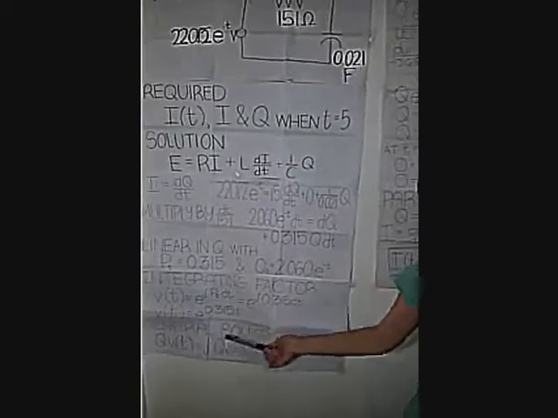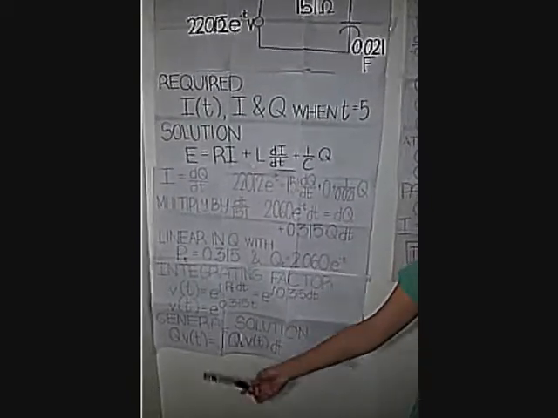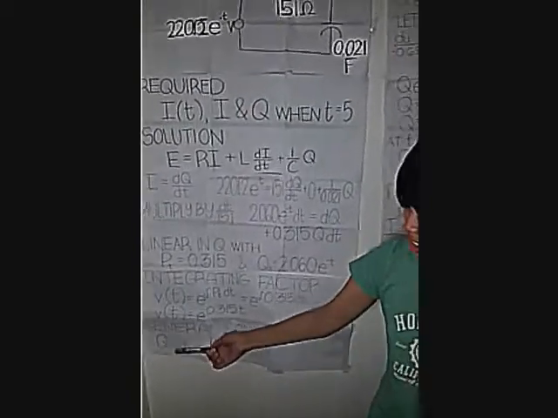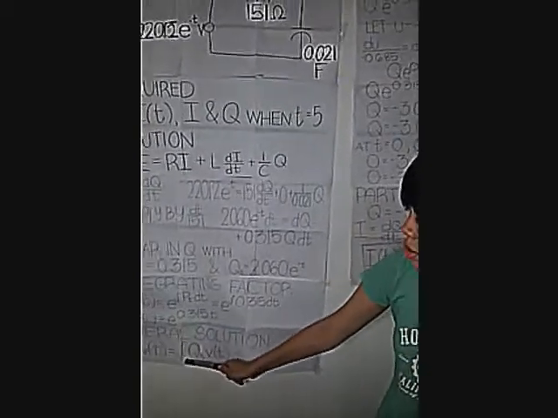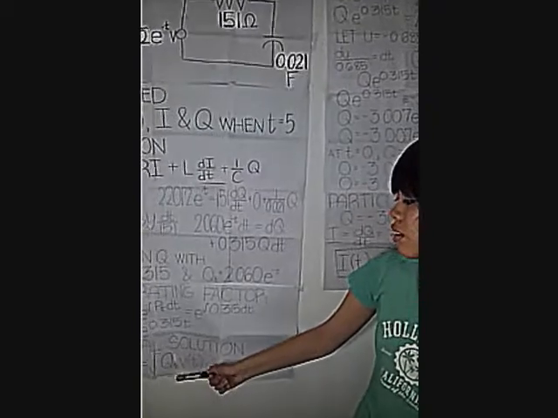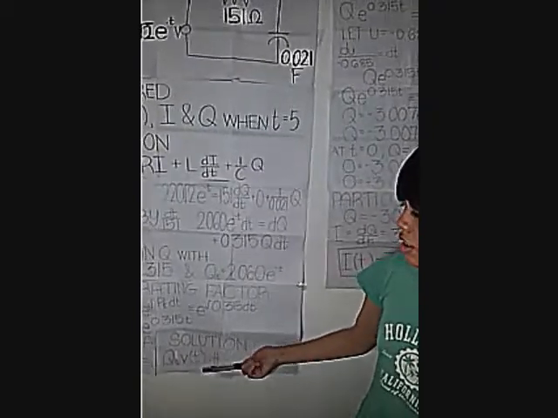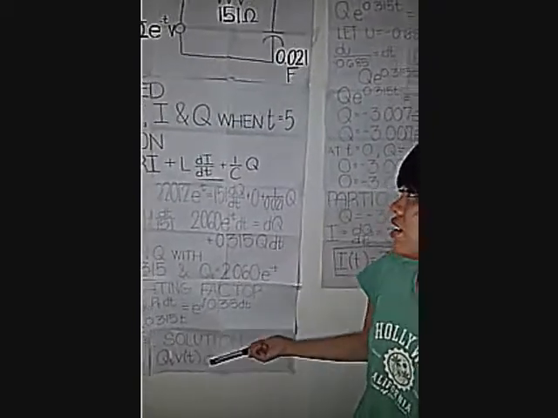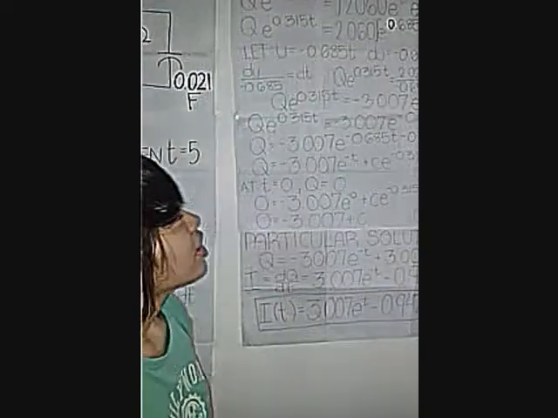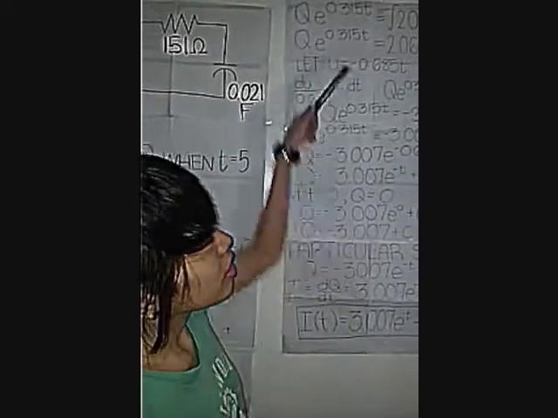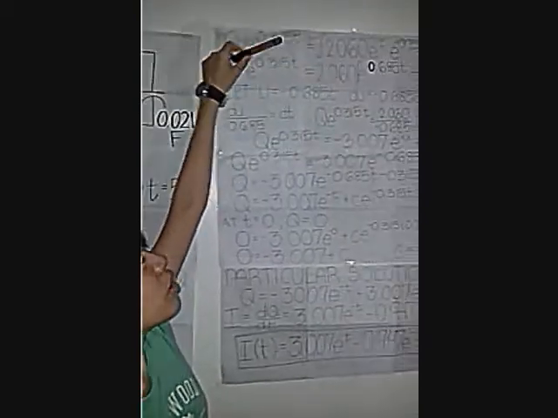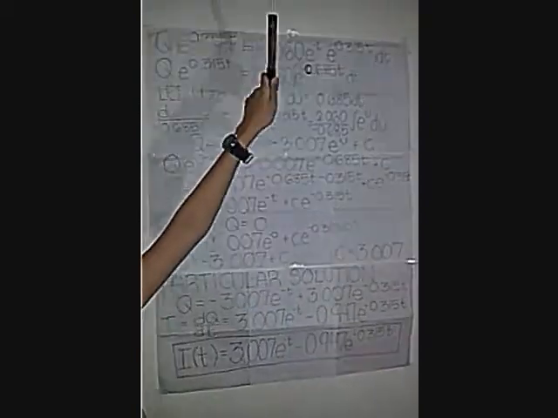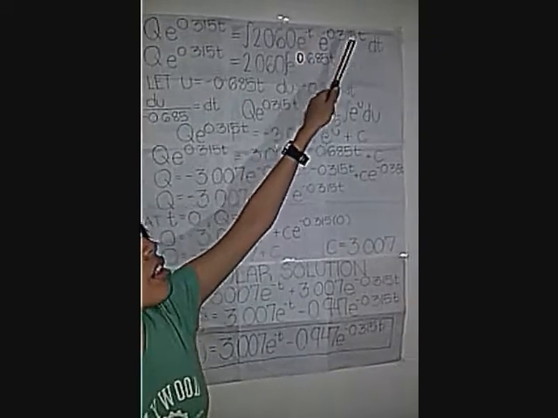The general solution. The formula is q times v of t equal to the integral of q sub t times v of t dt. And we evaluate the formula for the general solution with the v of t, the q sub t, and the v of t again.